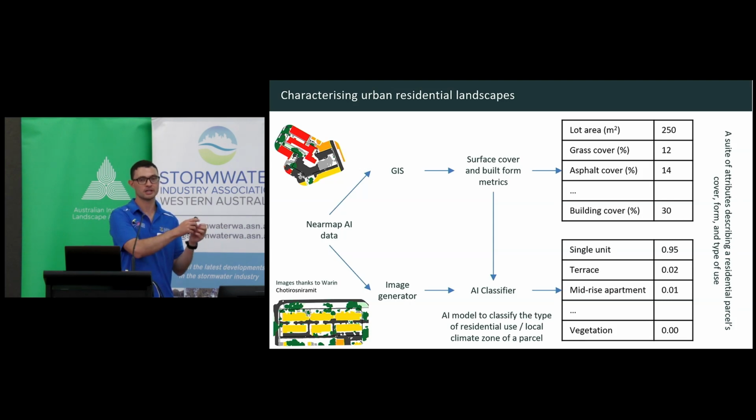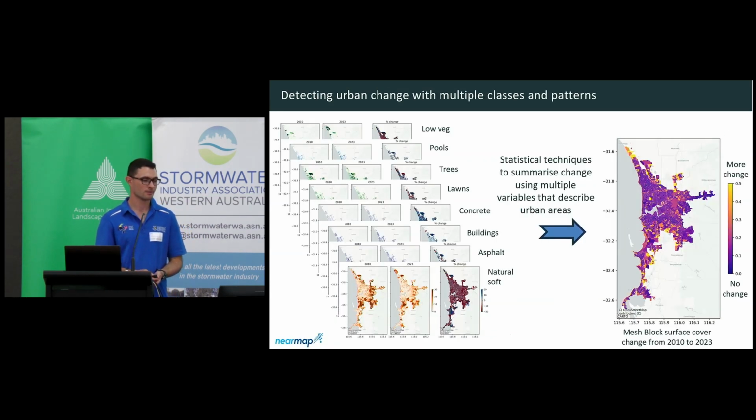So for each parcel, we have a vector of GIS metrics that are descriptive of what's going on inside that parcel, and then another vector of probability scores that tell us how likely that parcel is to be of this type of residential use. And we combine both of those vectors of numbers together, and that becomes our single database entry for what's going on in that parcel at that point in time.